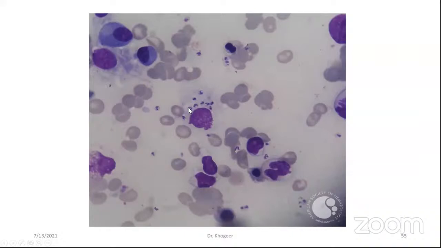So this is Leishmania inside and outside of the macrophage, characterized by the kinetoplast and characteristic double dot appearance. So Leishmania is usually distributed intracellular and extracellular to the cells.